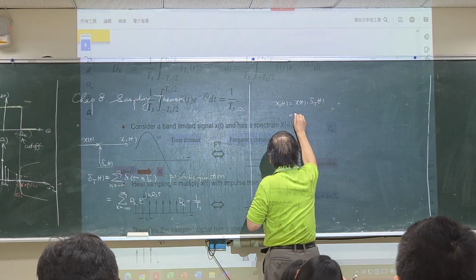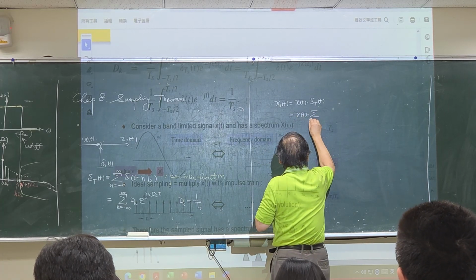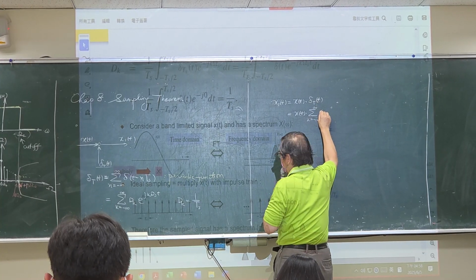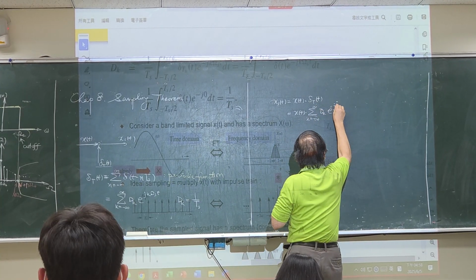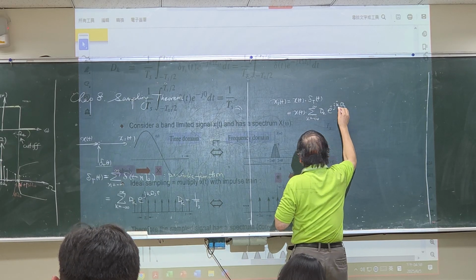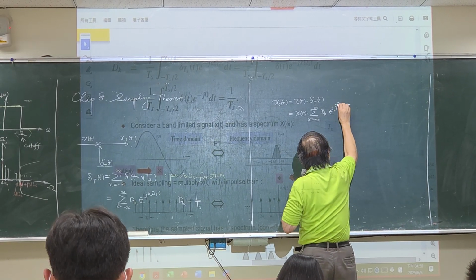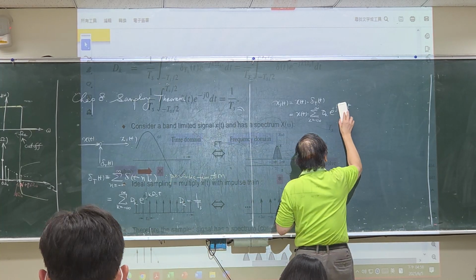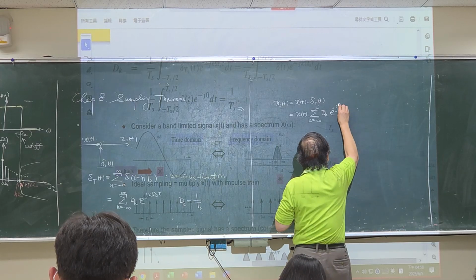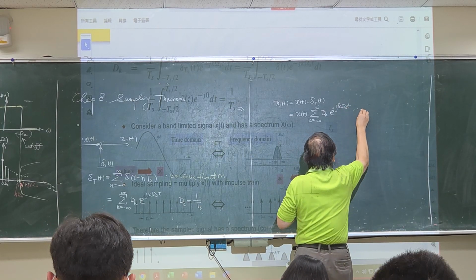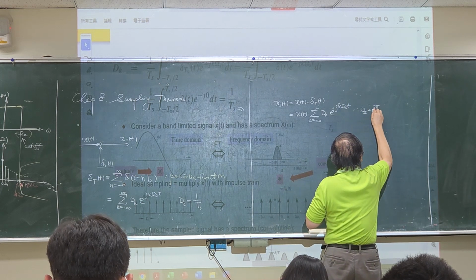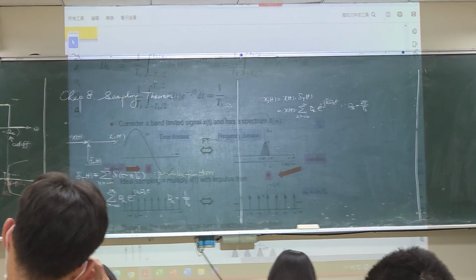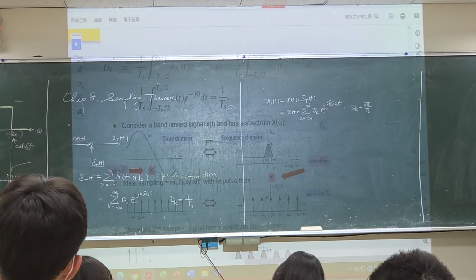So this can be written as x of t times the sum of impulses at t minus n times Ts. Ts is the interval, the period, sorry. Okay, yeah, let me follow that.